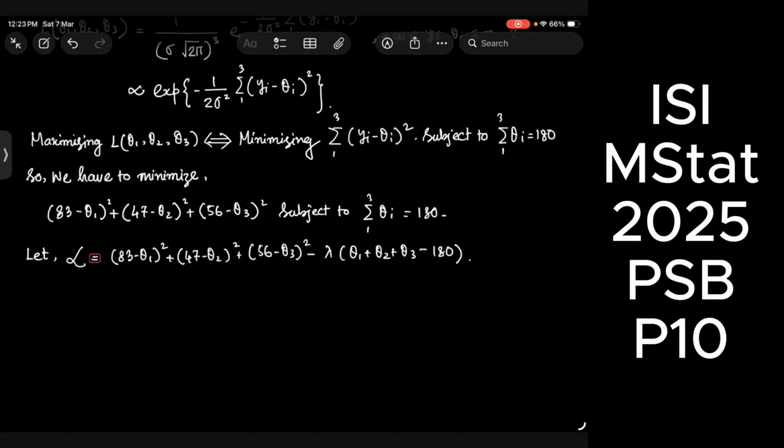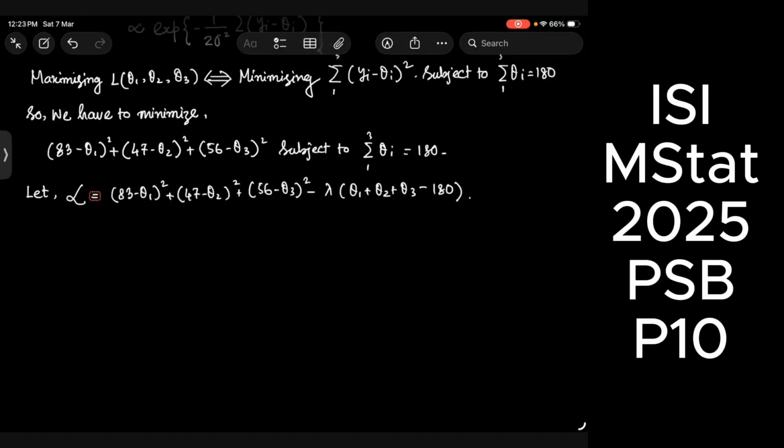Then if we take the partial derivative, what does it give?